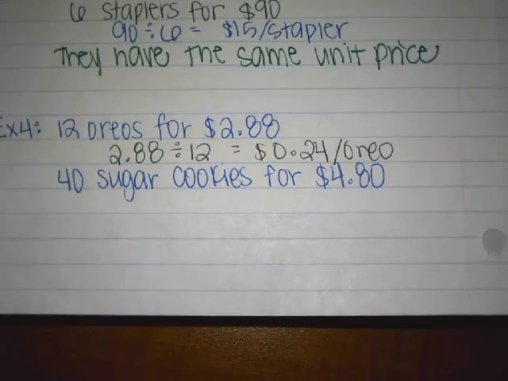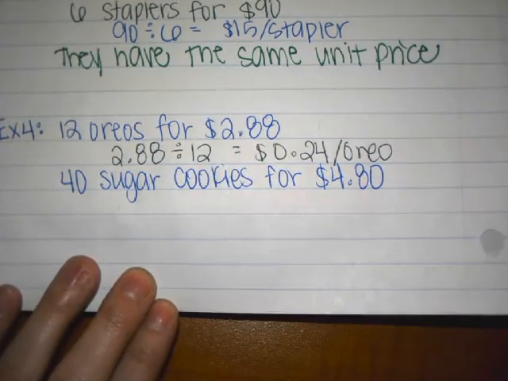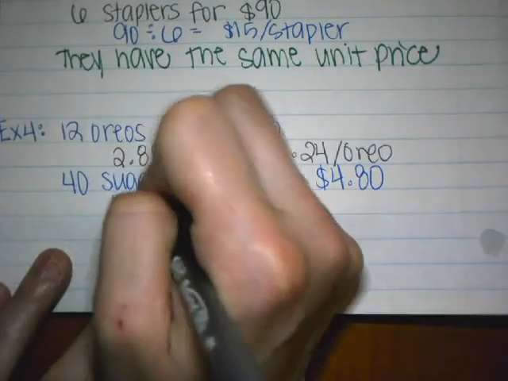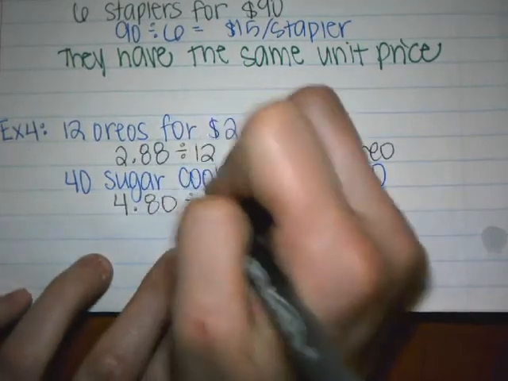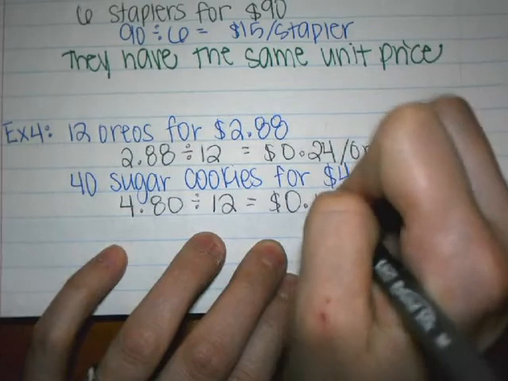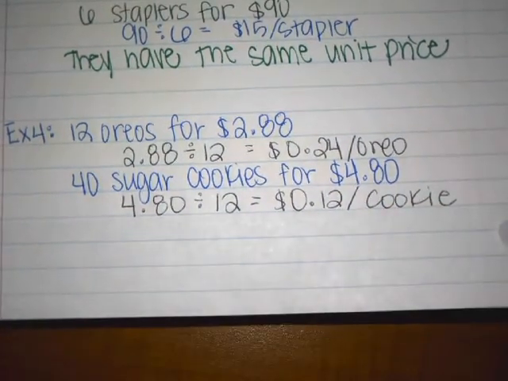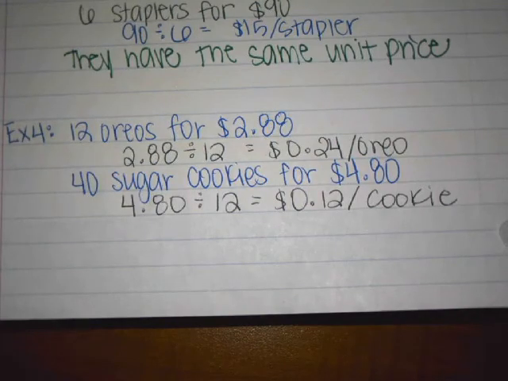What did you do on the second one? And what did you get? So that one is going to cost you 12 cents per cookie. So would I rather buy the 12 Oreos or the 40 sugar cookies?